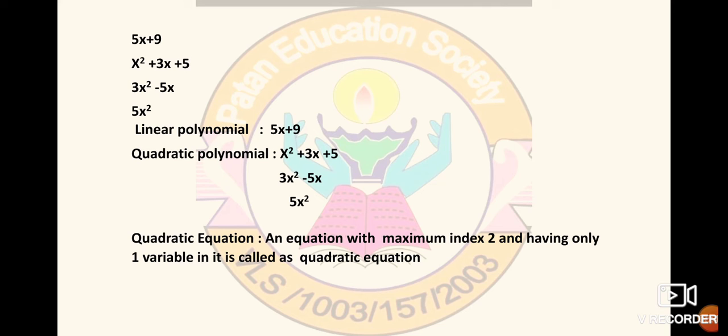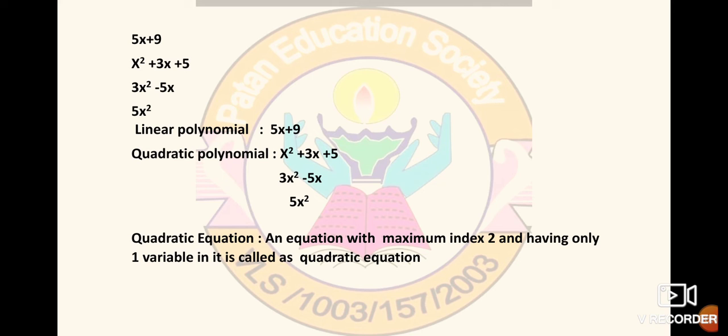So quadratic equation can be defined as, see the definition, an equation with maximum index 2 and having only one variable in it is called a quadratic equation.